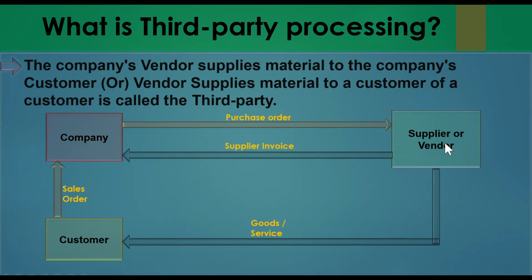However, this vendor or supplier will send an invoice to the company, and then the company will send another invoice with their benefit or their concession to this customer, and then the customer will pay this company and the company will pay the supplier. Let's see what configuration is required in the system before starting this process in SAP.